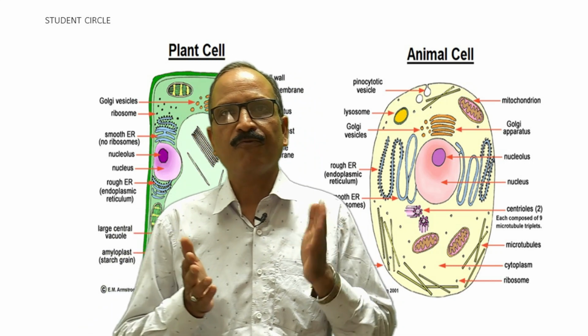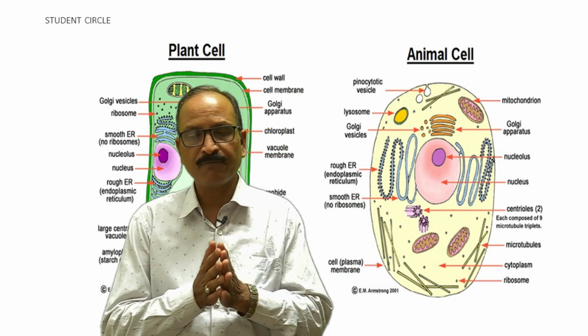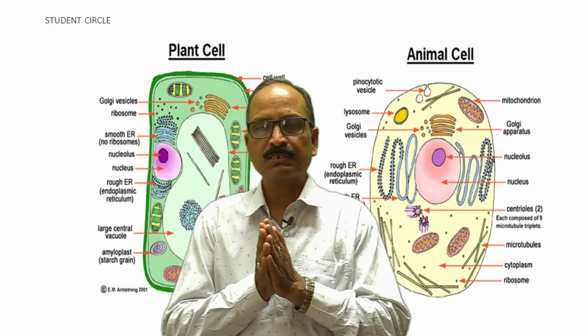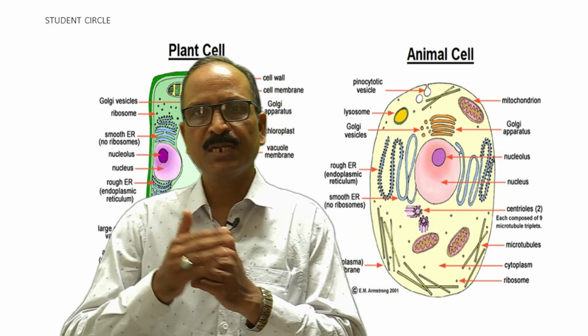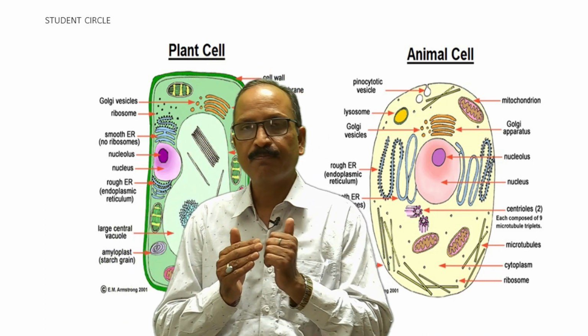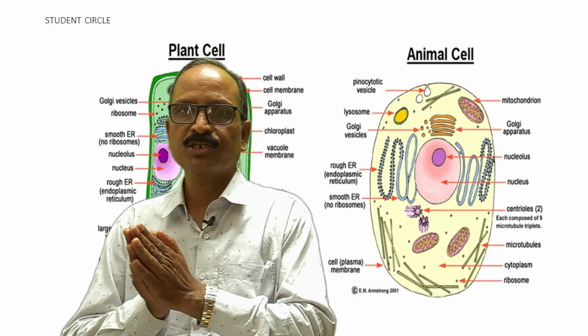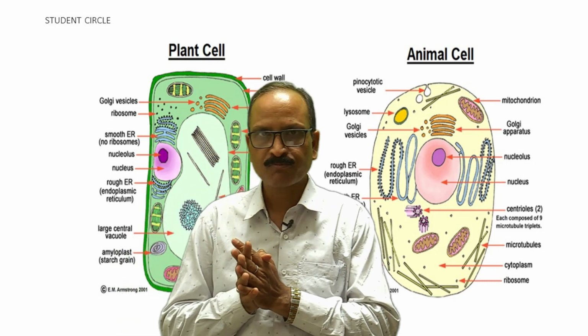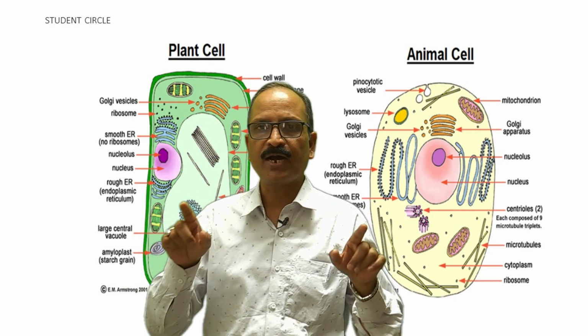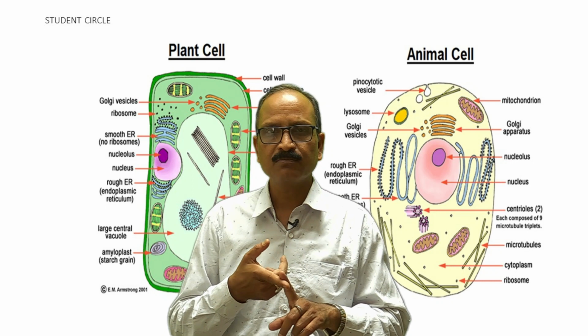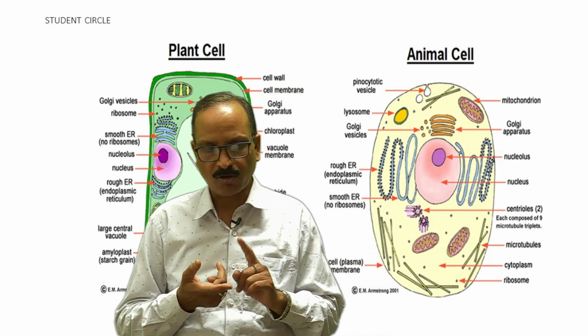Within the cell wall, we have the cell membrane. It is made up of lipoproteins, double bilayered lipoproteins. It is semi-permeable, means it allows selective things to enter or exit the cell. The cell wall provides enclosure to cytoplasm that contains all the organelles.